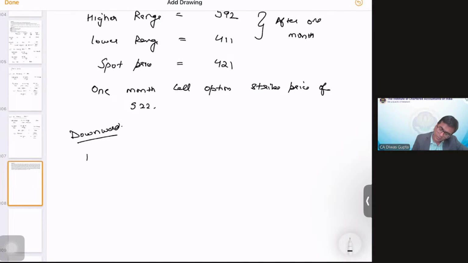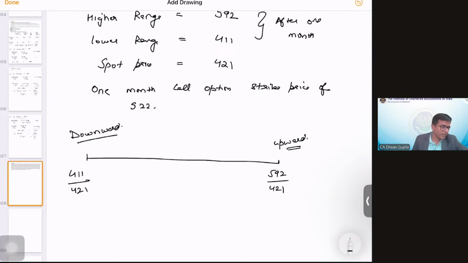Downward, upward, right? There are two possibilities. 411 divided by 421. 592 divided by 421.